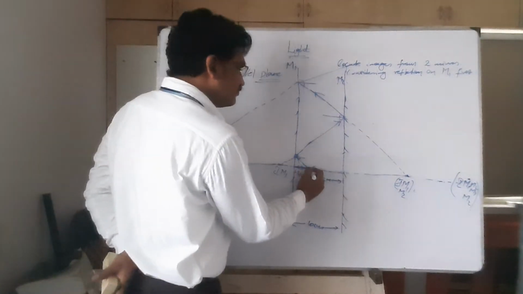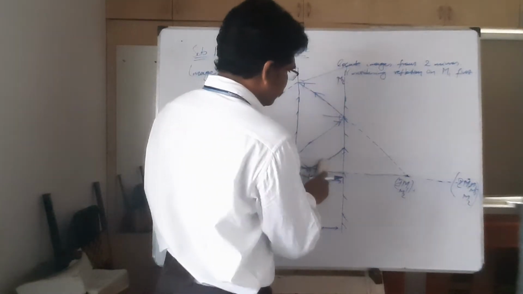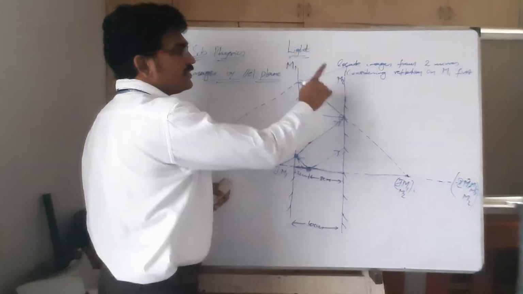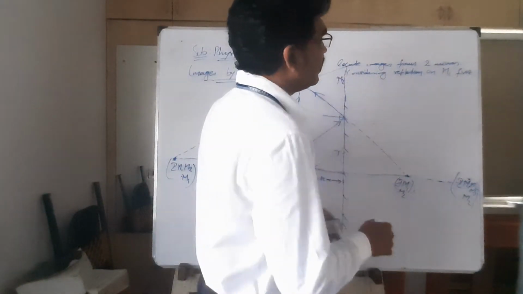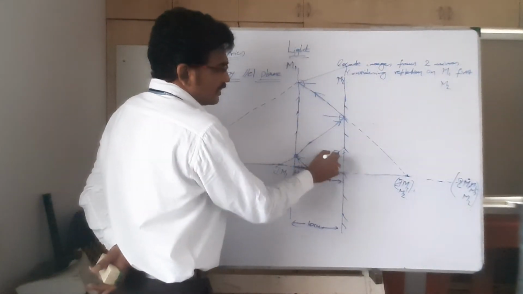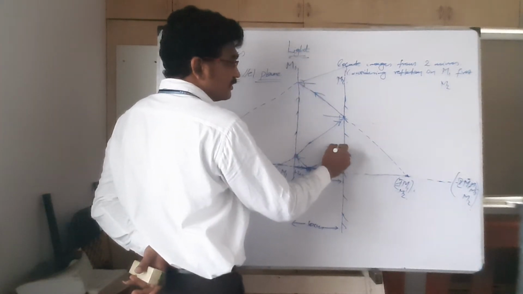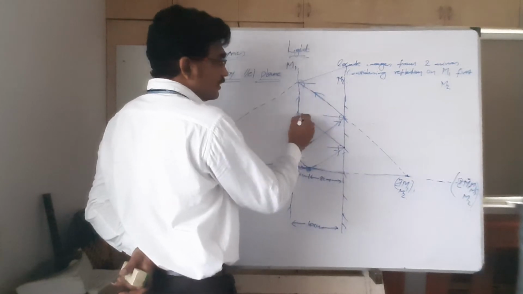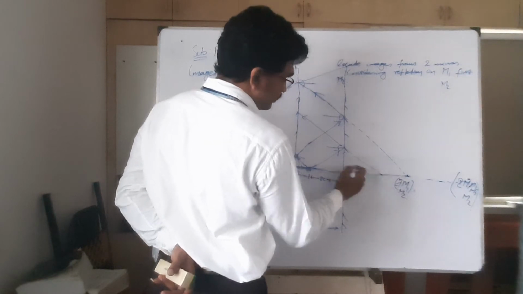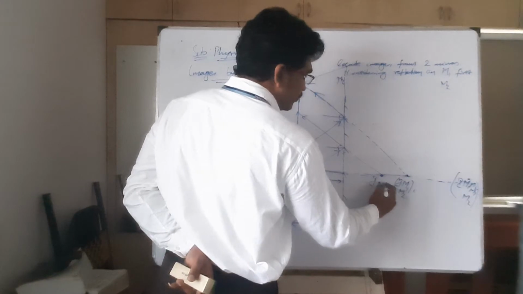Again, if you take M2: here we have taken the first reflection on M1, now I will take the first reflection on M2. Then this is the angle of incidence, angle of reflection, then I will strike, and when it is extended, I am going to get the image on M2.